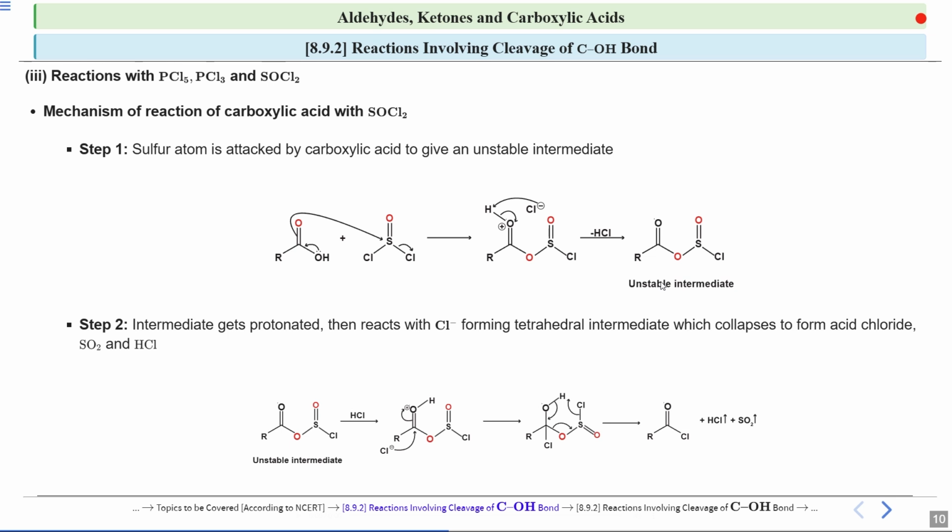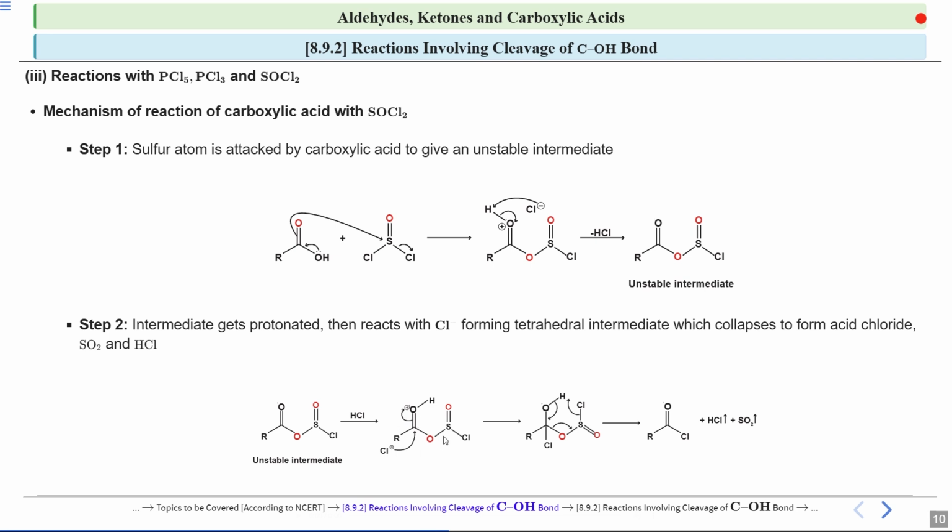Now in step 2, the intermediate formed in the first step gets protonated. This protonation makes the intermediate more reactive and allows it to interact with the chloride ion.